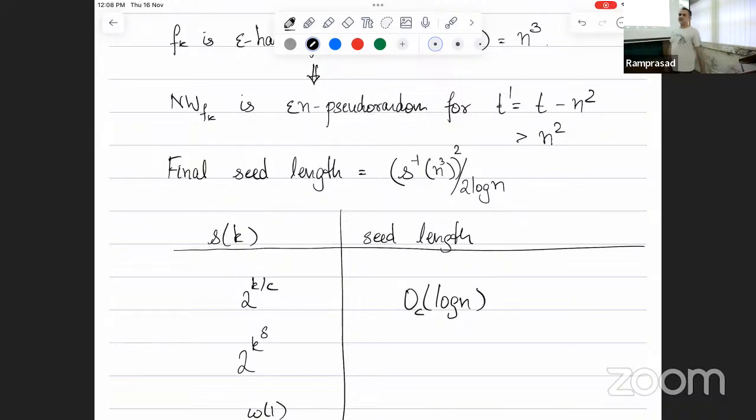Now suppose S of k was like 2 to the k to the delta, where delta is, let's say, 0.1 or something. Then what is S inverse of k? If delta was 0.1, what would S inverse be? Log to the power 10, right? Like log to the power 1 over delta. The cube or whatever is not going to make that much of a difference.